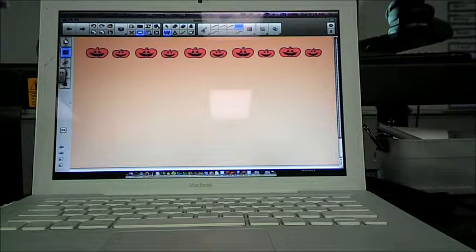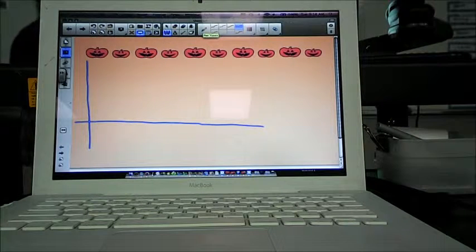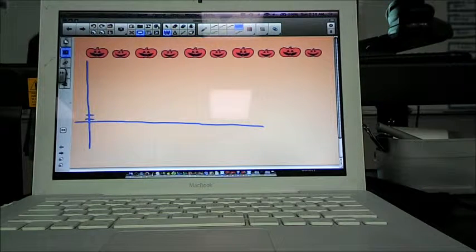So I'm going to draw our coordinate plane. It's a little off, but that's okay.